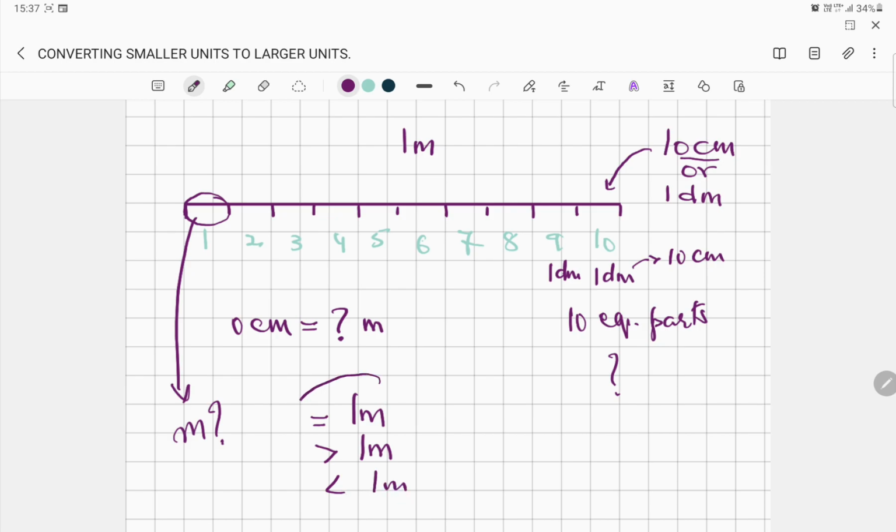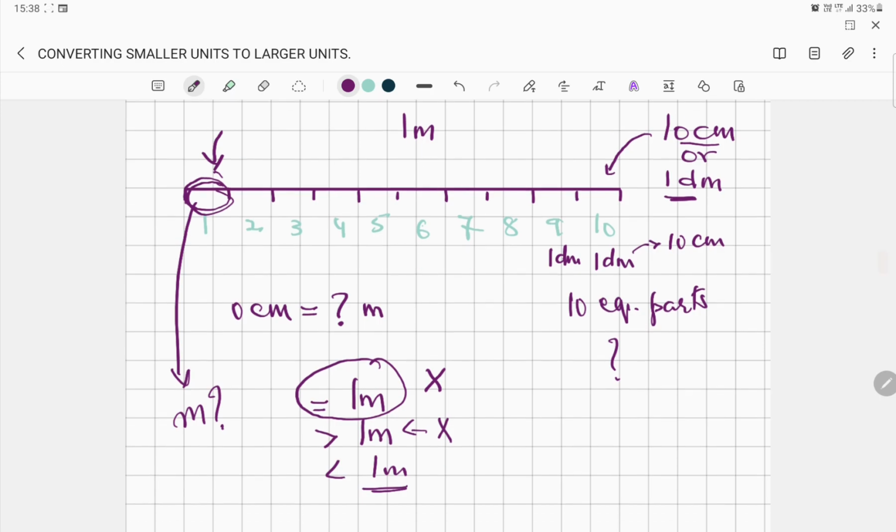So obviously, this small section cannot be equal to 1 meter. This is not 1 meter. Is it greater than 1 meter? So this section is again not greater than 1 meter. So these tiny sections, the 10 sections that are 1 decimeter long, are actually less than 1 meter long. So there is one way to write it down. And what is that way?